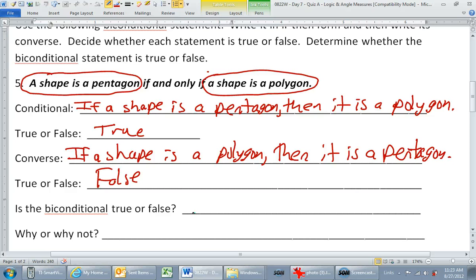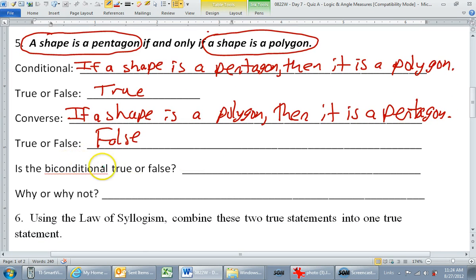Okay? A biconditional means, by definition, the original statement is true and the converse is true. That's what it means for a biconditional to be true. So, if the original statement is true and the converse is true, then the biconditional is true. If the original statement is false or if the converse is false, then the biconditional is false, by definition. Okay?